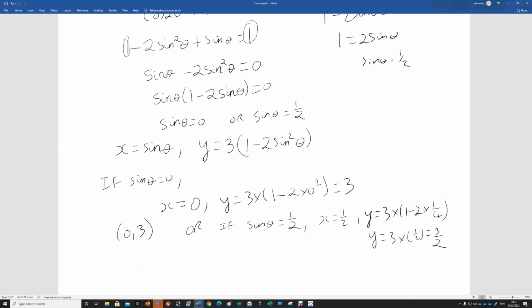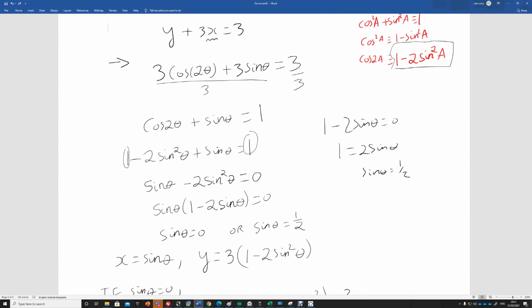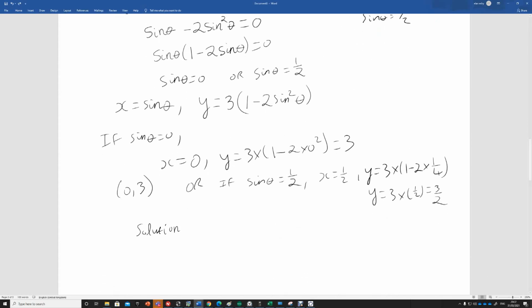So we have solutions, or I'll tell you what, better terminology there, points of intersection.